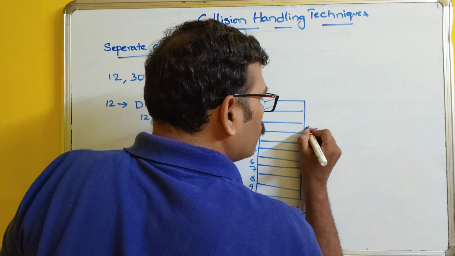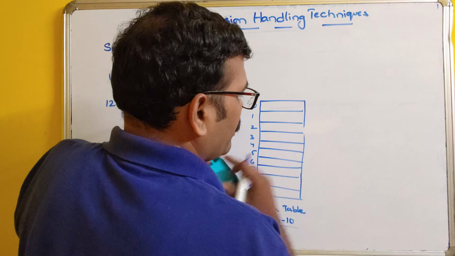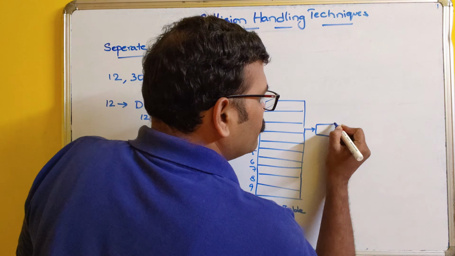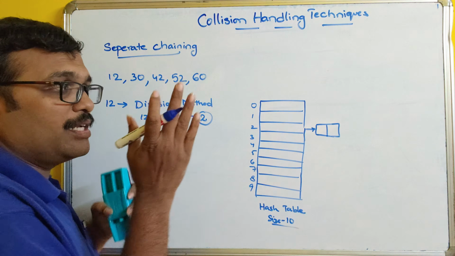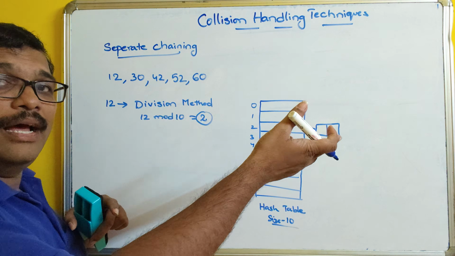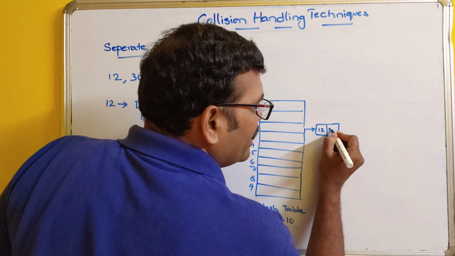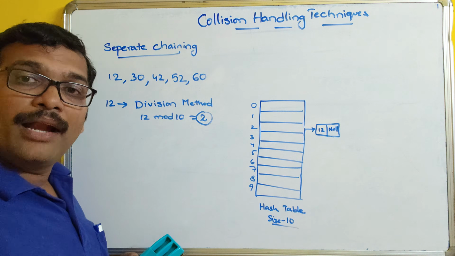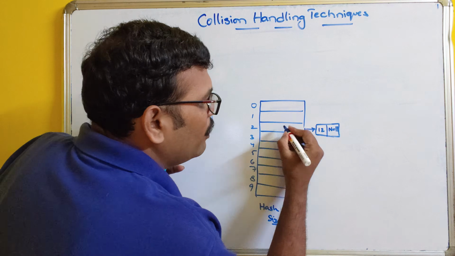We will store it in a linked list. We all know about the linked list, which has two parts. One is a value, another one is an address. So here it will be storing 12 and here it is null. And now repeat the same process. The address of 12 will be here.